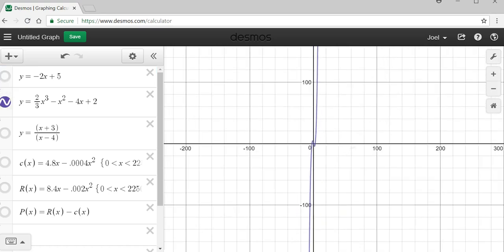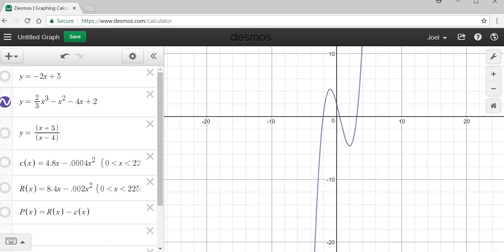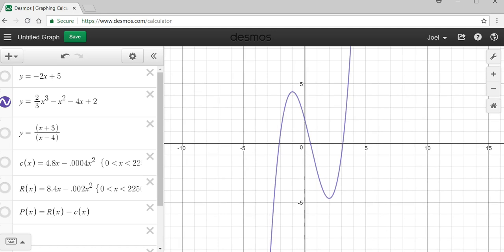And let's take a look at this graph. I need to zoom in a little bit on this graph to see what's going on. If I look at this graph, you can see it is increasing from negative infinity up to negative 1, and it's also increasing from 2 to infinity, and that it's decreasing from negative 1 to 2, and that there is a maximum at x equals negative 1, and there's a minimum at x equals 2.